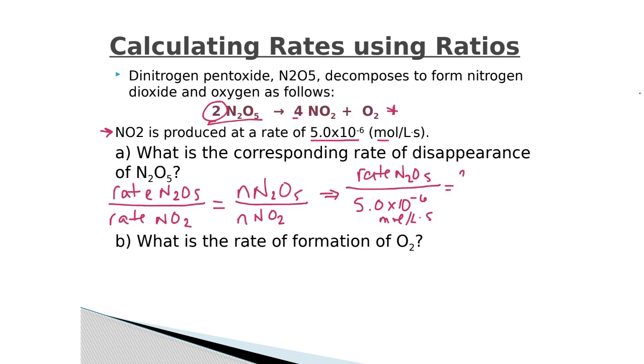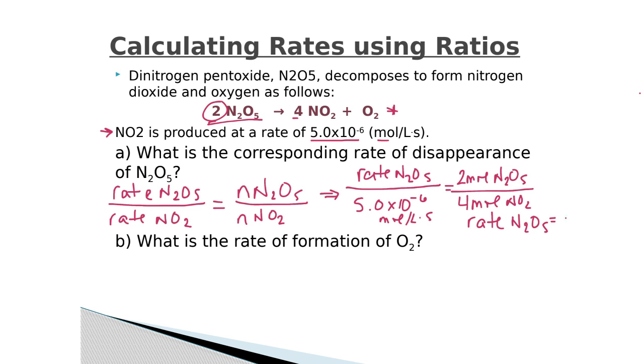So N2O5 is 2 moles of N2O5 for every 4 moles of NO2. So I'm going to cross multiply my rate by 2, divide by 4, and then I get a rate value here. So the rate of N2O5 works out to be a negative.